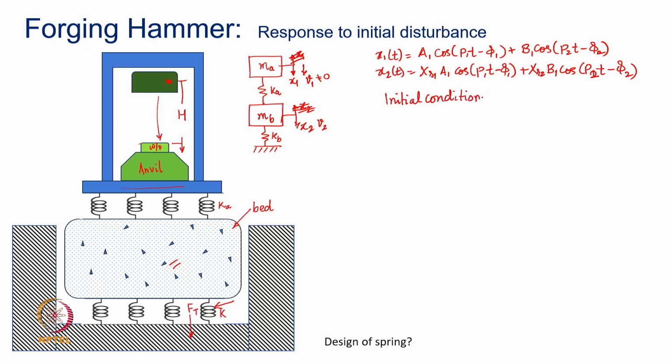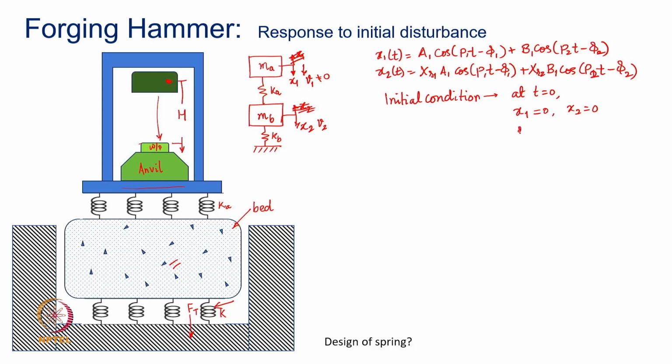the unknowns, is that at time t equal to 0, I can say x1 is equal to 0, x2 is equal to 0, because before the hammer strikes we assume that the system is stationary, it is not perturbed, it is not moving.